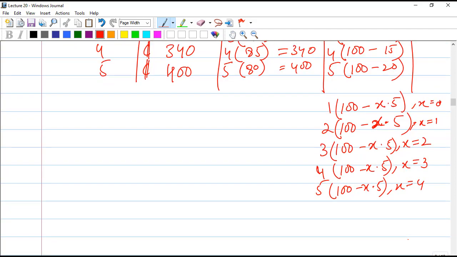Now how can we make it more generalized? If we make this one x, and this is 100, now minus, we have to make this 0, so that for the first one, if x is 1, this would be x minus 1, which is 0, into 5.